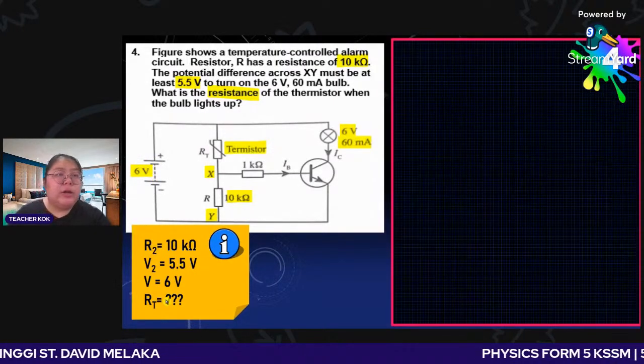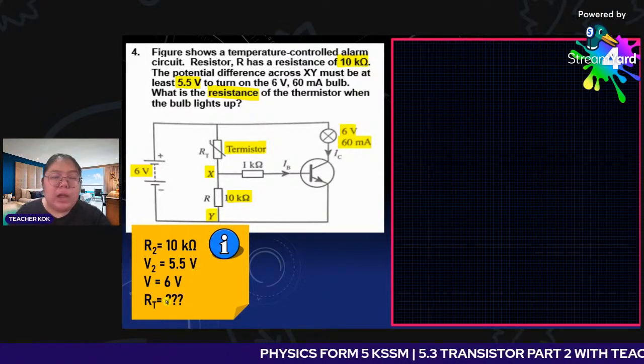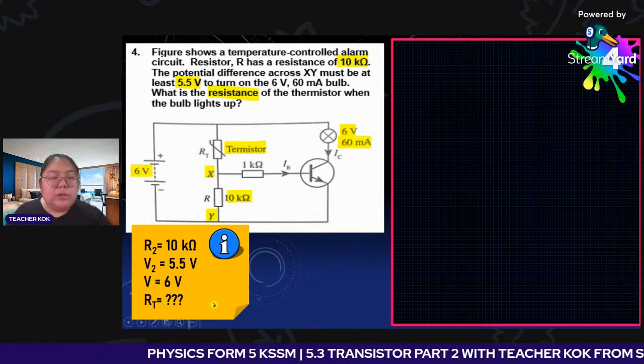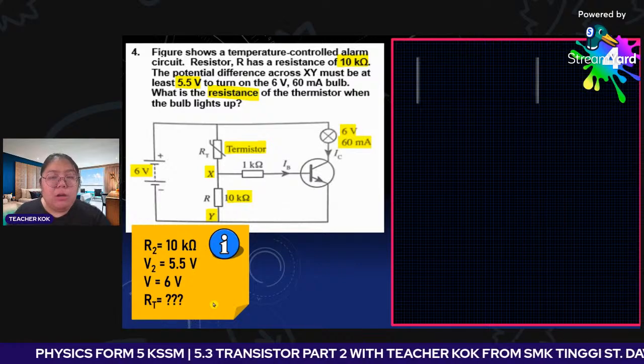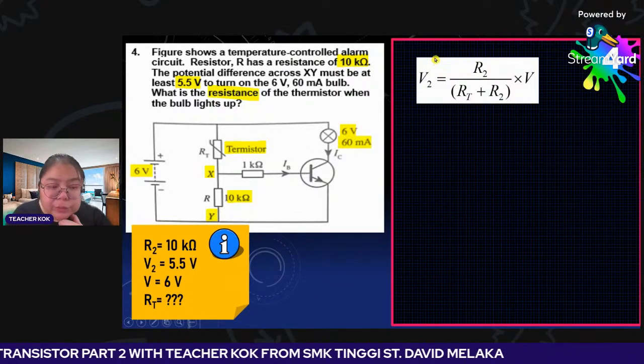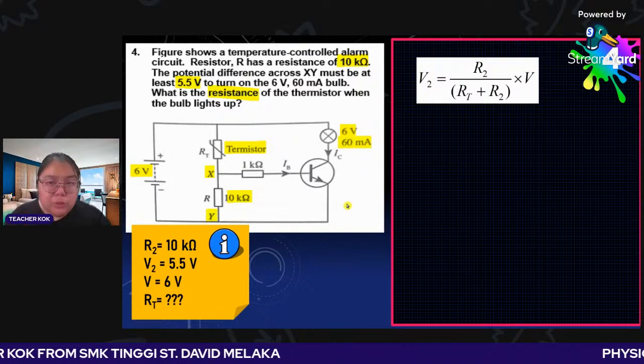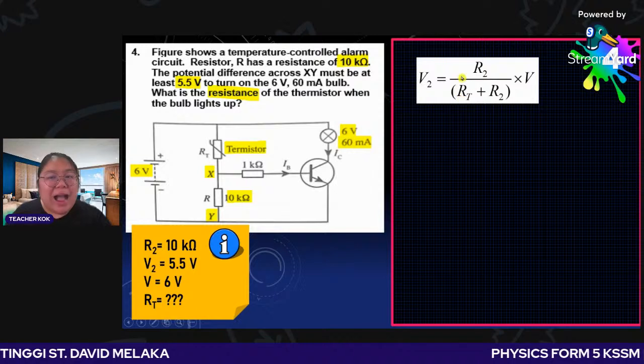So we use the voltage divider. I want to find RT, so you can use V1 or V2. Why am I using V2? Because there is only one RT.